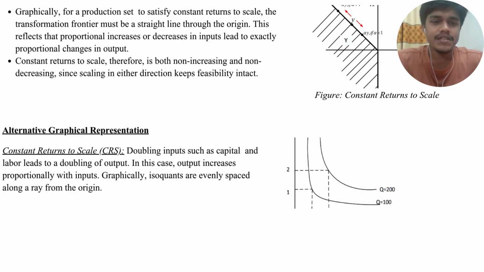This means if a certain production plan is technically possible, then scaling every input and output by the same factor will be possible. If you can produce a certain output using specific resources, then doubling, halving, or scaling up or down resources and output in the same proportion will still result in a valid production plan.